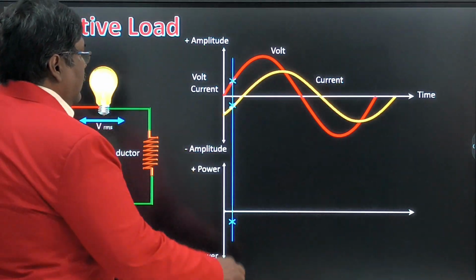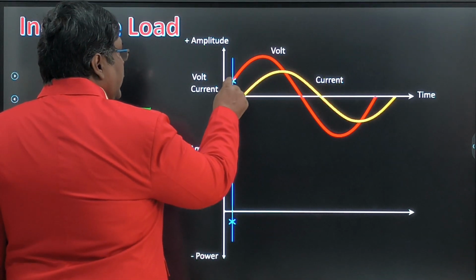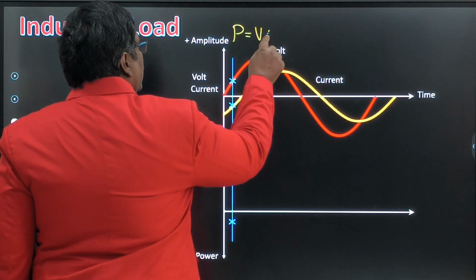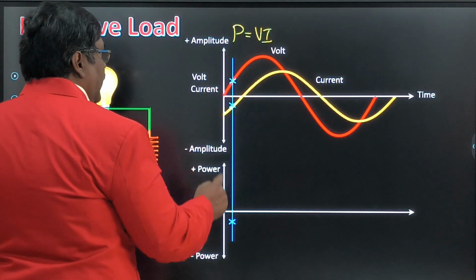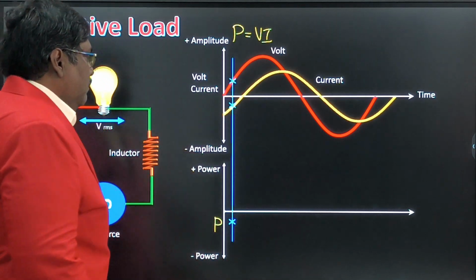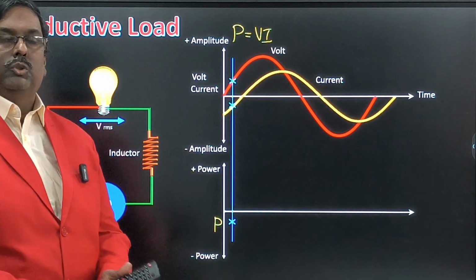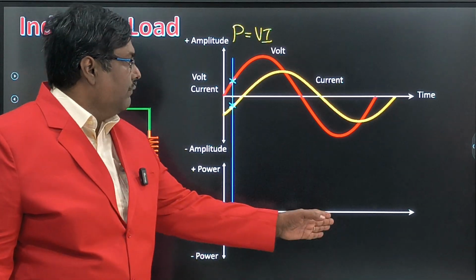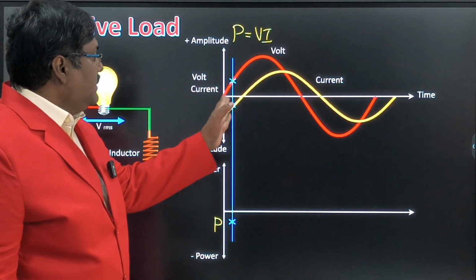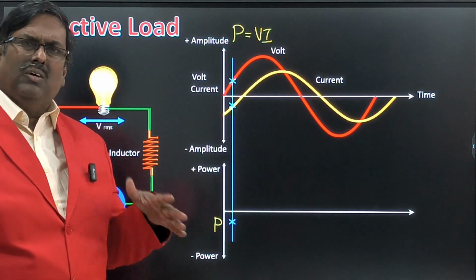In one cycle I will measure current and voltage at the same point, multiply them using the formula power equals V into I, and put this P value here. So I am going to make one power curve from these two curves. For that I am dividing this curve into equal or non-equal parts.